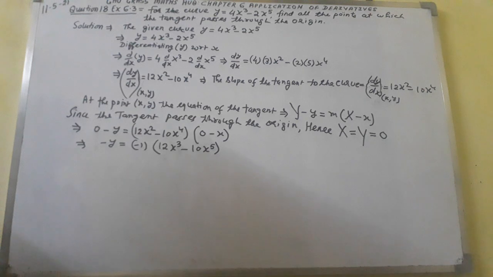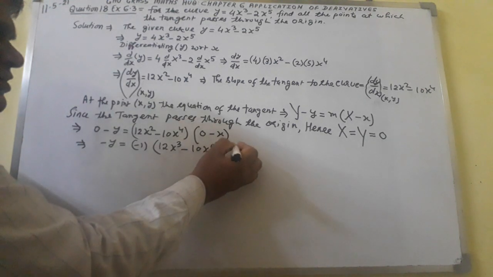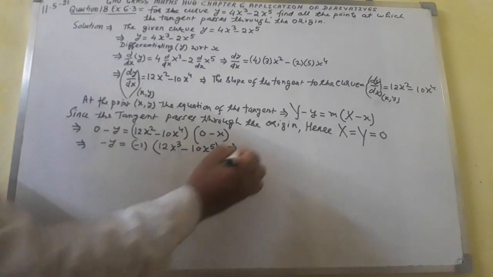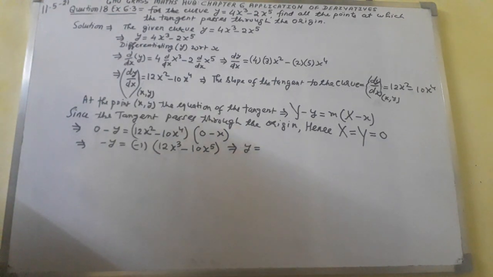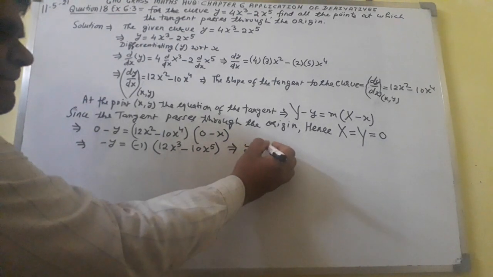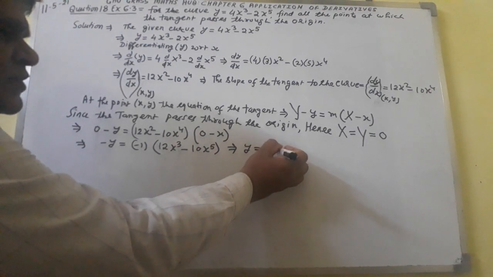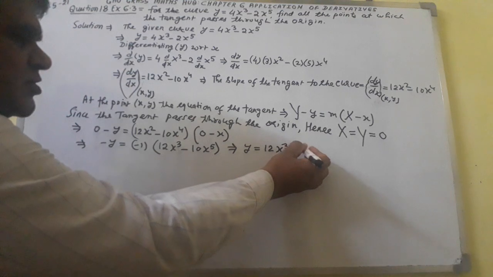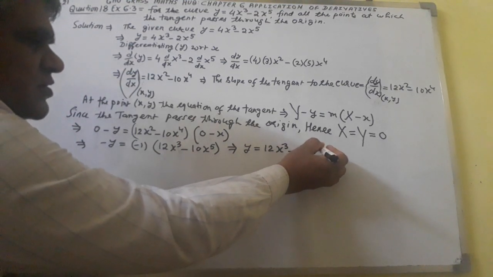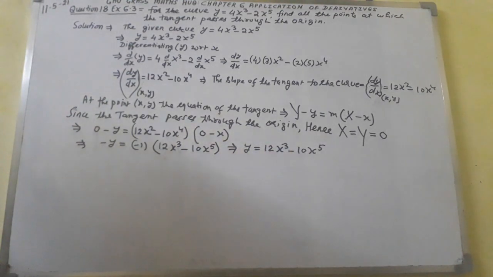This thing we have got. So here we shall get y equal to 12x cube minus 10x raised to the power 5. This thing we have got.